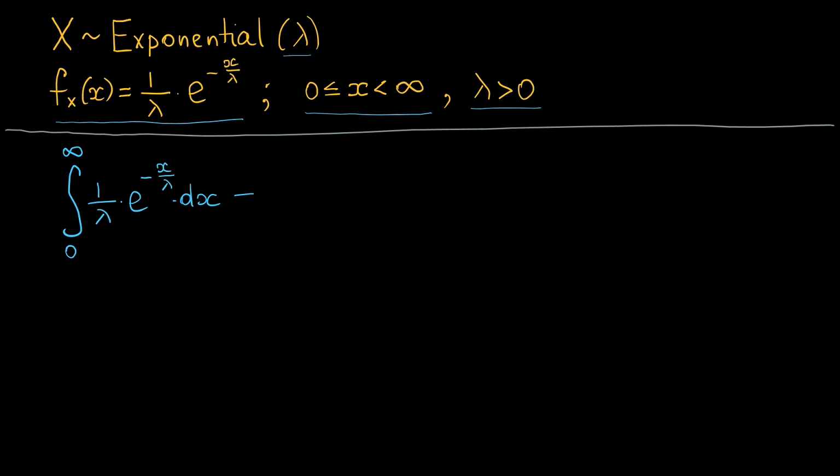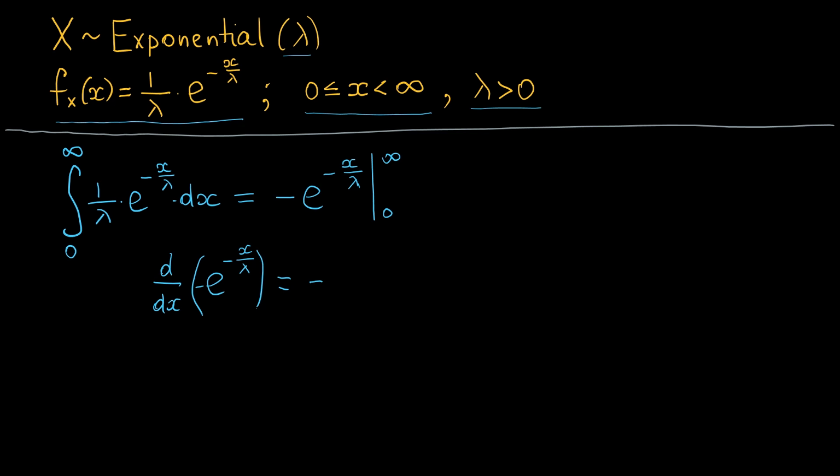Okay, so we want to evaluate this integral. This is a relatively straightforward one, so we might notice right away what we would get. But if we don't, we can always verify it. So what is d dx of minus e to the power of minus x over lambda?